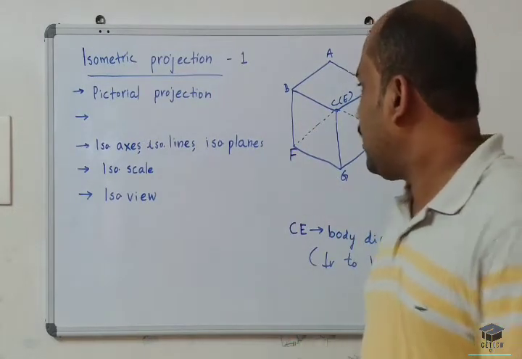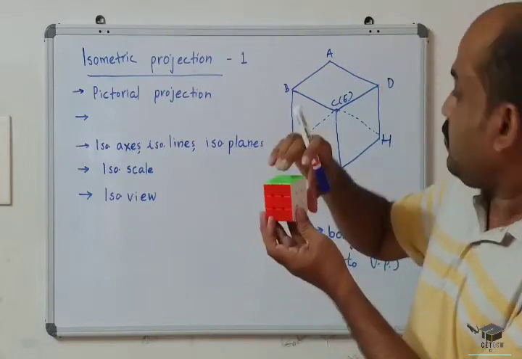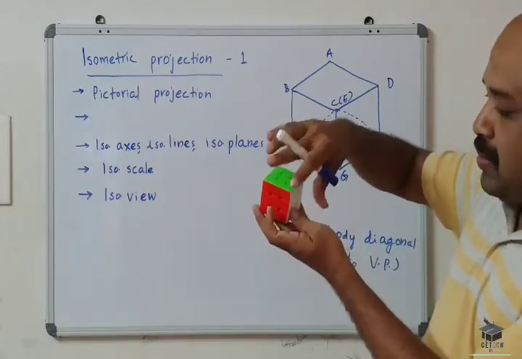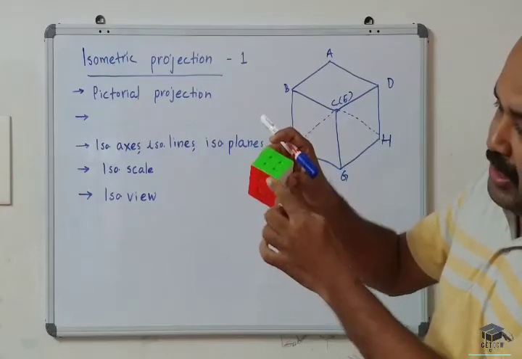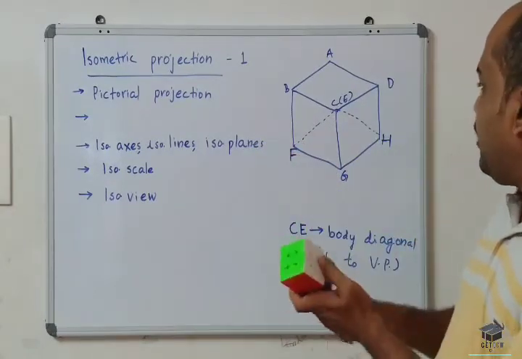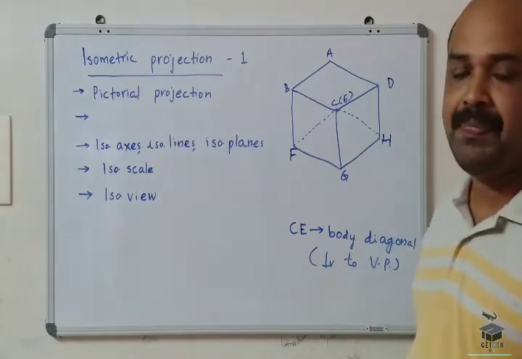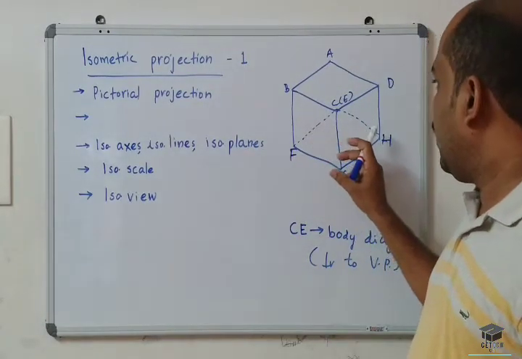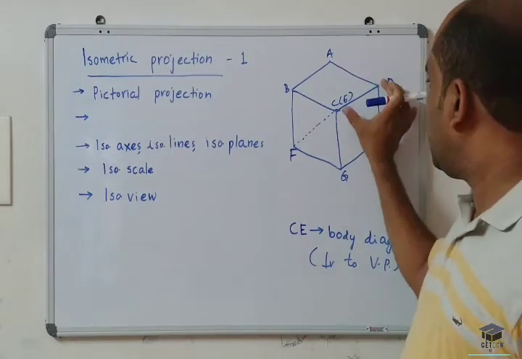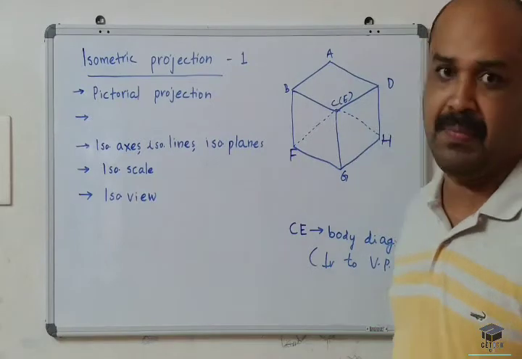You can see there are three important edges. If you take this point as C, there are three edges, CD, CG and CB. When you measure the length of these edges, you can see that all the edges have equal length.